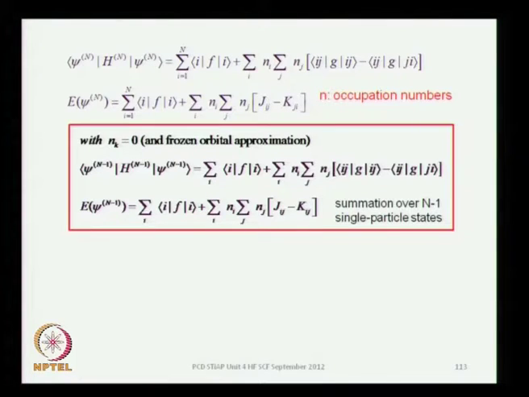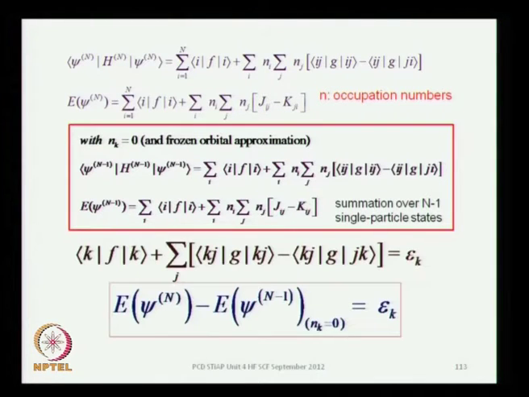Okay? And you are summing over all the other indices, all the other states, only the one for i equal to k is 0, and if you then take the difference, you find that it will give you the kth Lagrange multiplier.